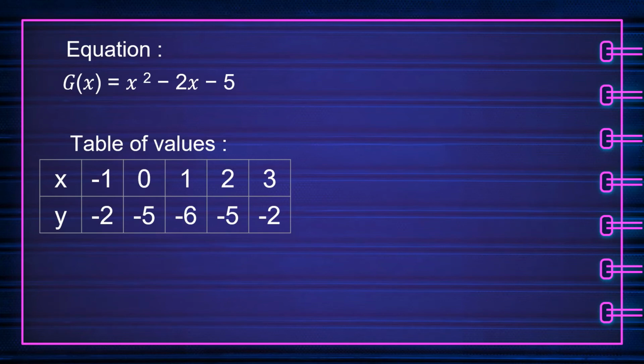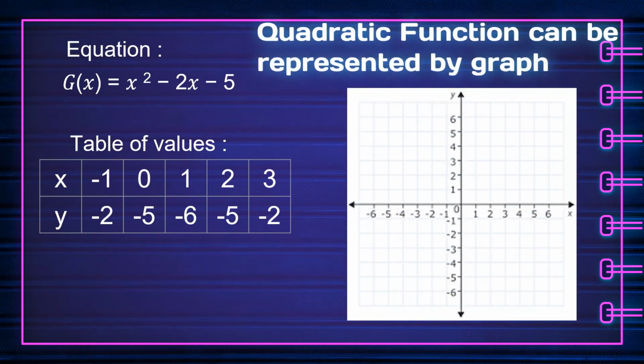Now, for us to represent a quadratic function in a graph, let us graph or plot the points in the given table of values. So let us have the Cartesian plane.